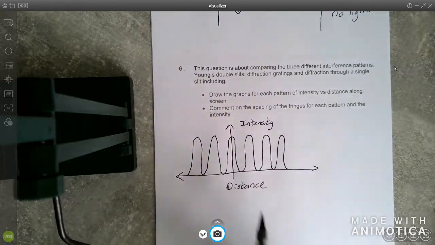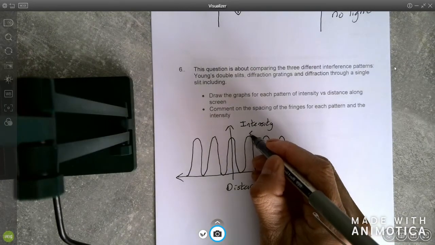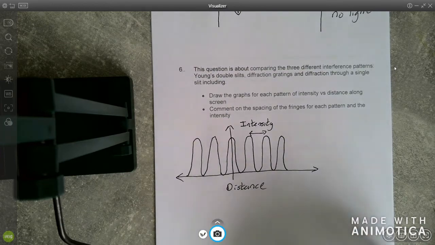So the intensity was the same as you moved from the middle of the screen, and the distance between the fringes was the same. So I want you to draw the graphs for the other 2 patterns and just do a comparison of what you see there.